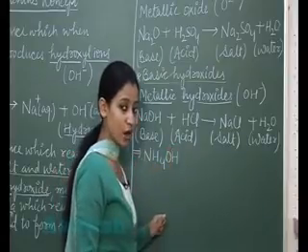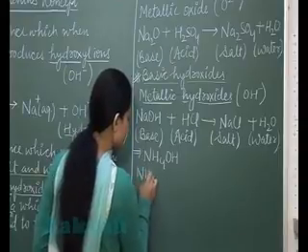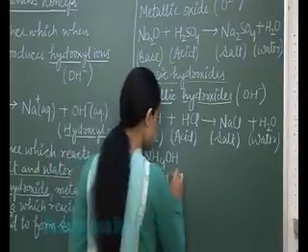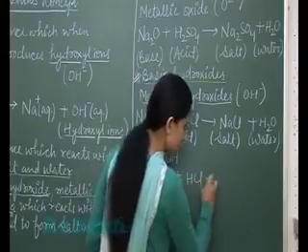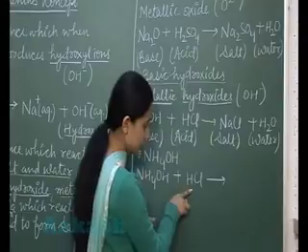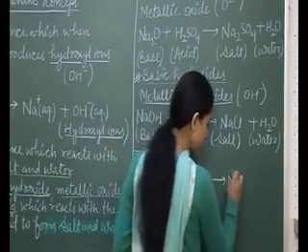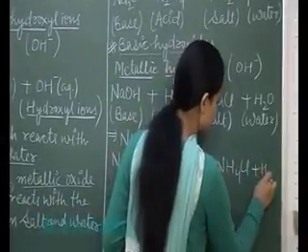Now let us see how this is a base. So it should also react with the acid. So we have ammonium hydroxide, it reacts with the acid. Acid we are taking is hydrochloric acid. When it reacts with the hydrochloric acid, we get ammonium chloride with the formula NH4Cl plus we get water.